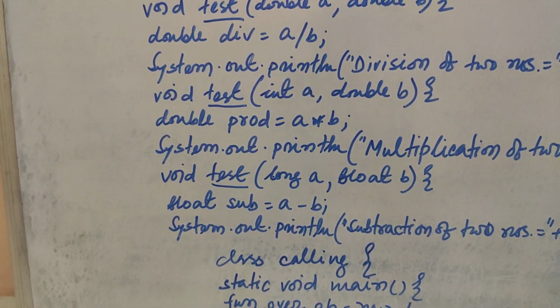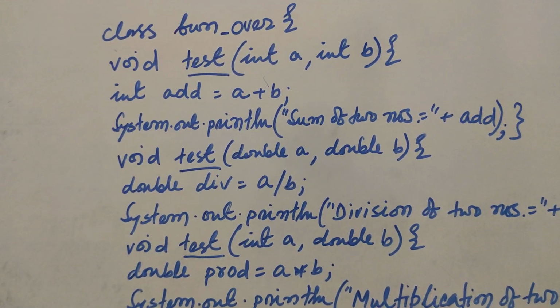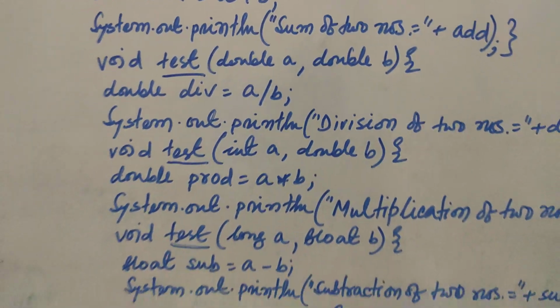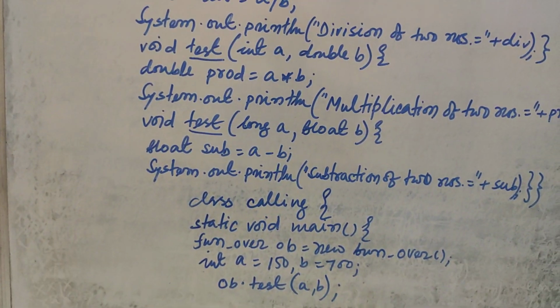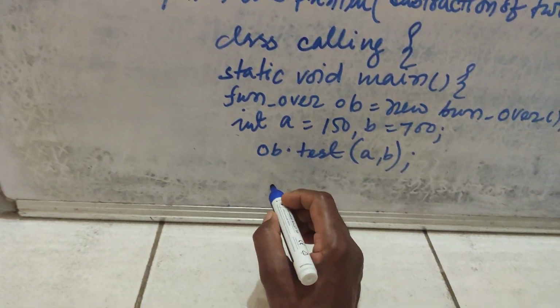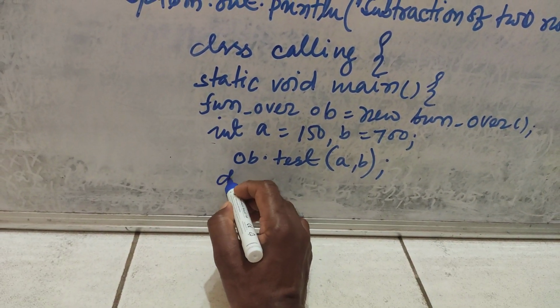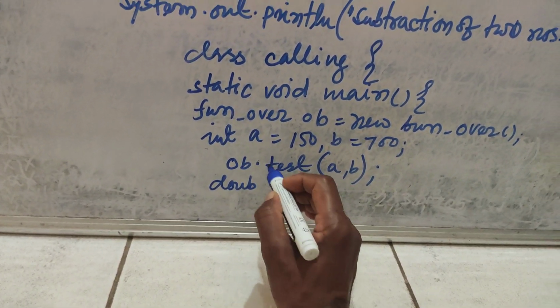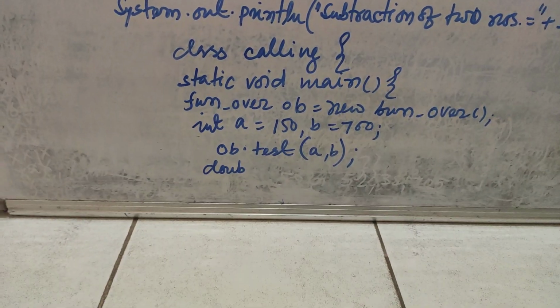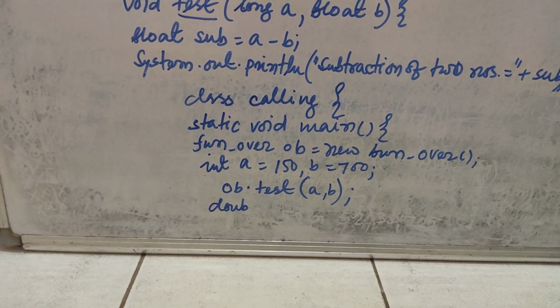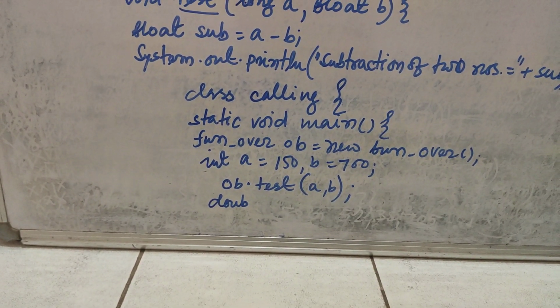Now if I want to call the double function, that means the two variables are double and double. So I am taking here double. Already a, b we declared, so same variable we cannot take.